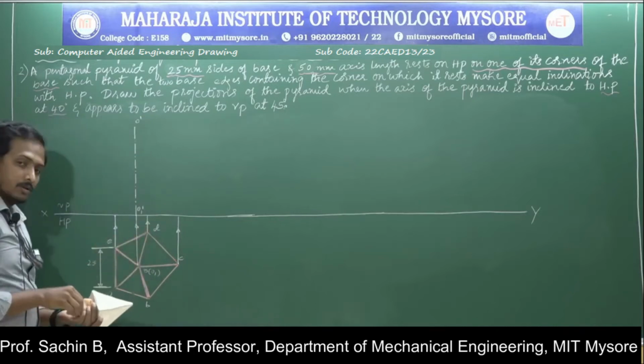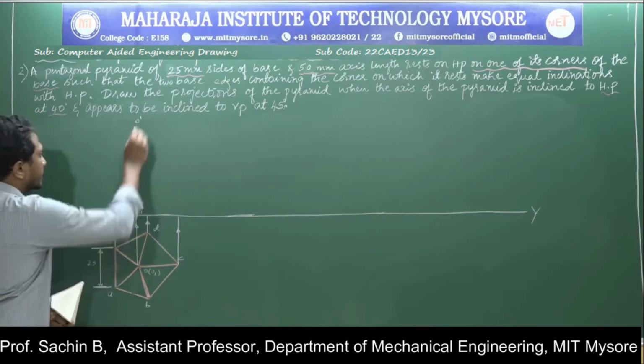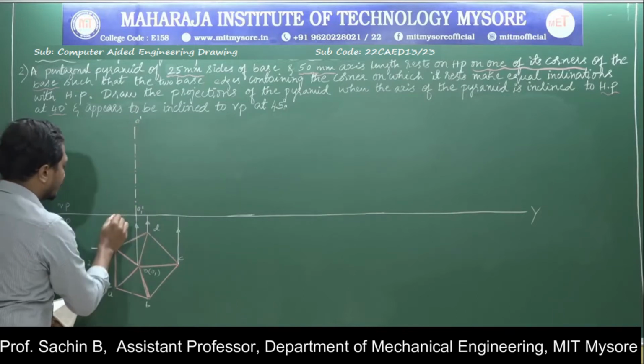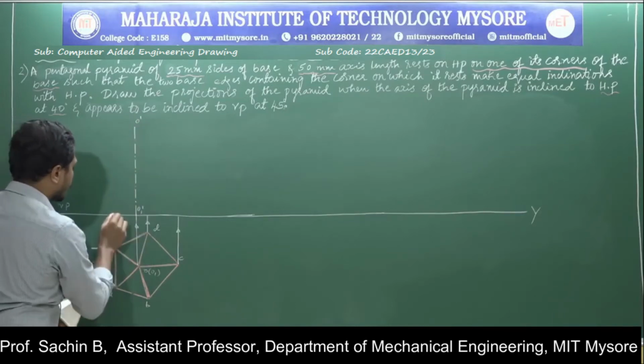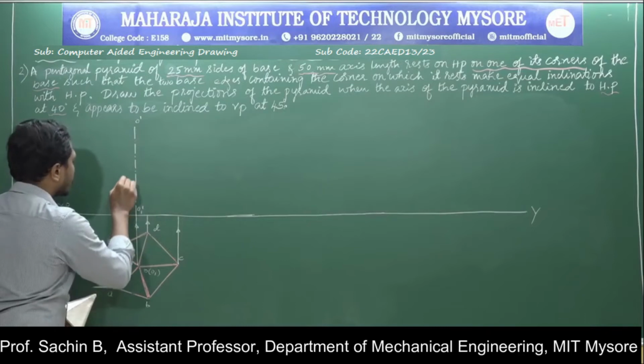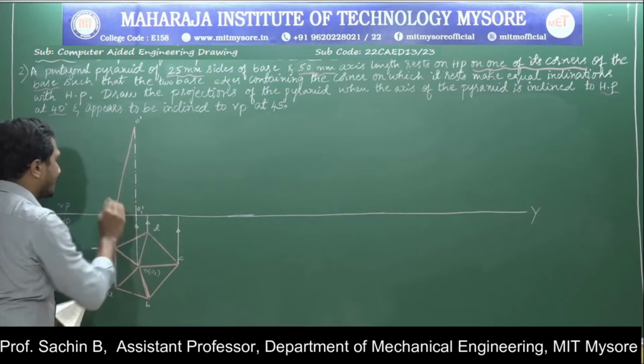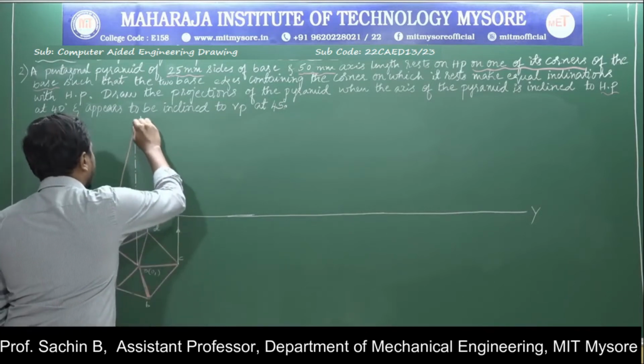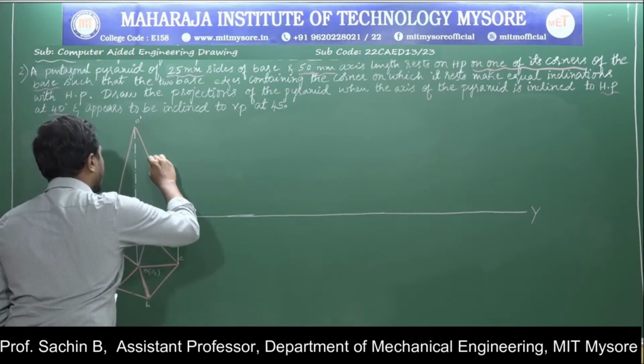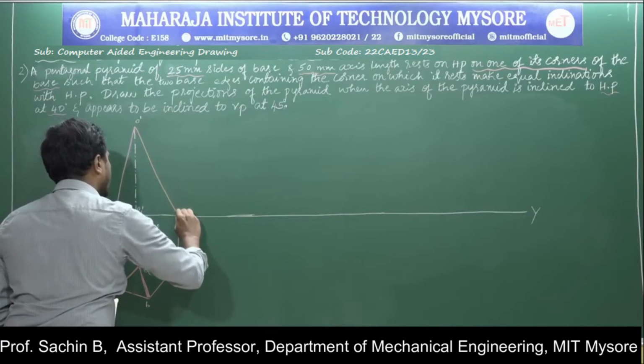From there we should connect all the slant edges that are clearly visible for us in the front view. Next I will go for connecting from O dash to C dash.